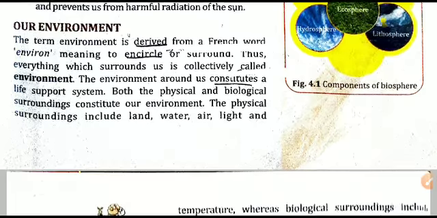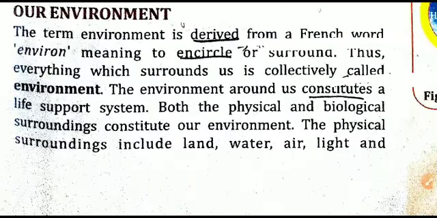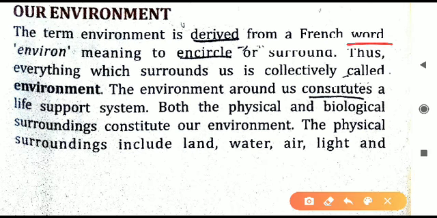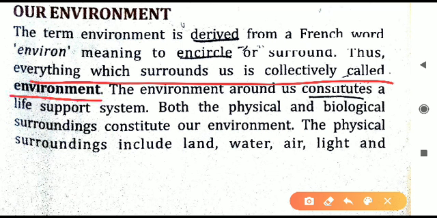Now the important term comes, that is called environment. If we see this particular word environment, what does it read? Environment is actually derived from a foreign word, a French word called environ. Environ means encircle or surrounding something. So let us read the definition. Everything which surrounds us collectively is called environment.